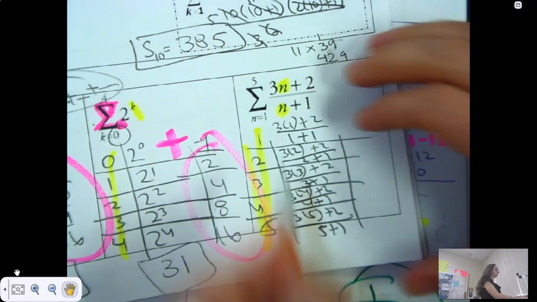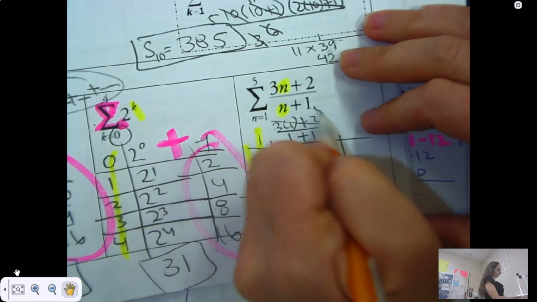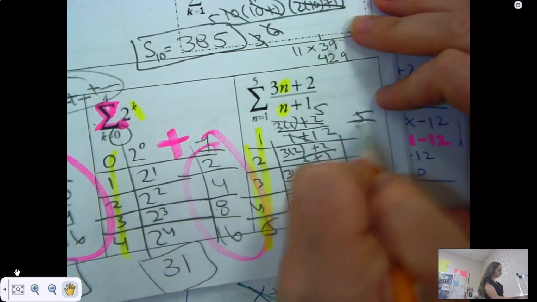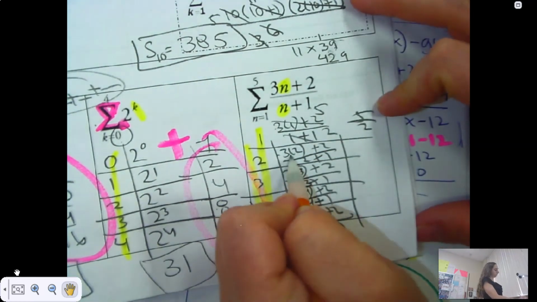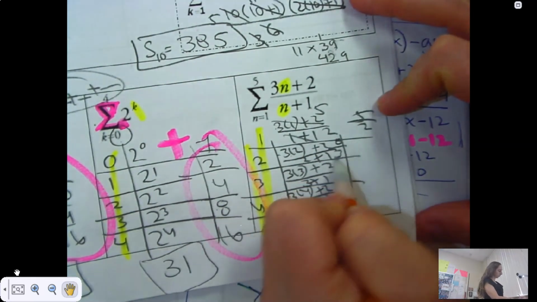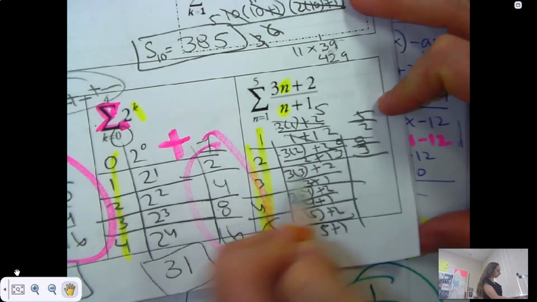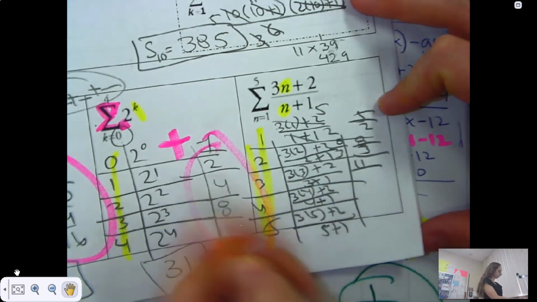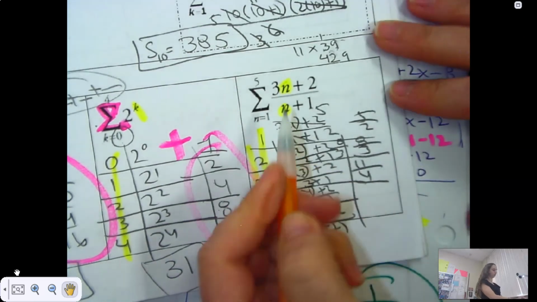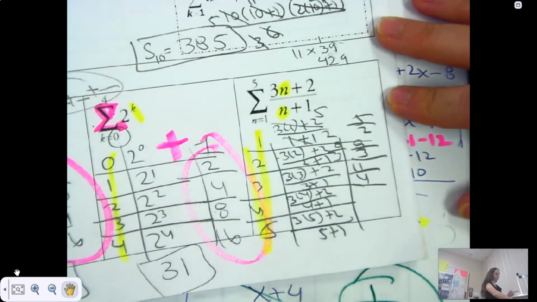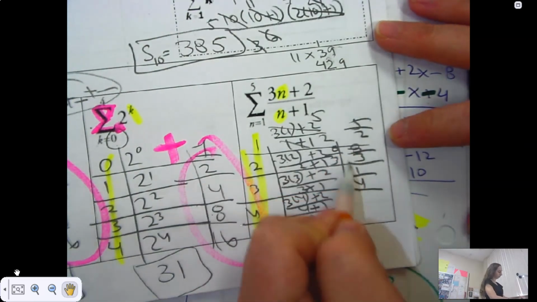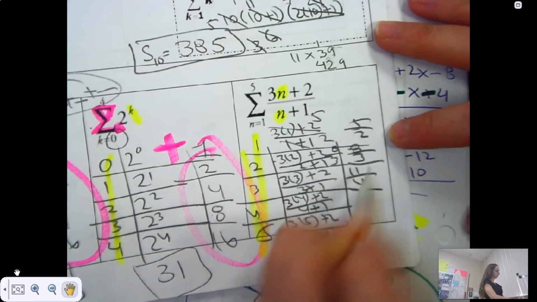Okay, so let's see. That's 5, and that's 2, 5 over 2. 6, 8 over 3, 8 thirds. 11 over 4. Well, I notice a pattern. Oh, do you guys notice the patterns happening? Let's just double triple, but I think it's plus 3, and on the bottom it's plus 1.